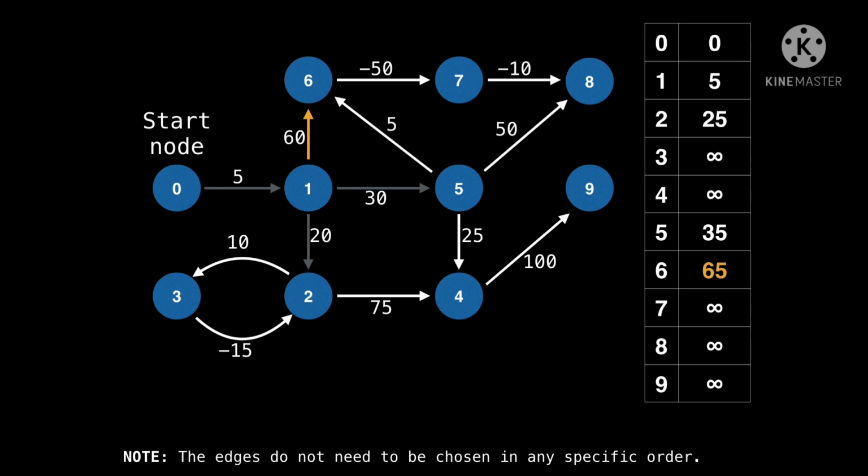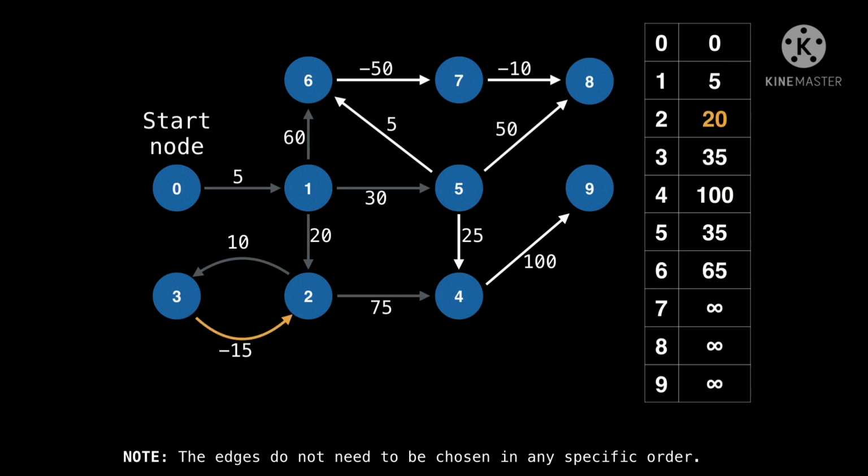Next up, node 3 gets its value updated from infinity to 35 because the best value in node 2 so far is 25 plus the edge cost of 10 is 35. Then the edge from 2 to 4 updates to a best value of 100.